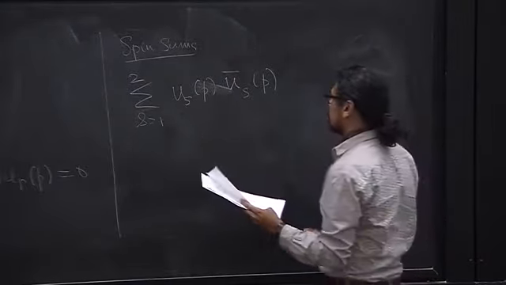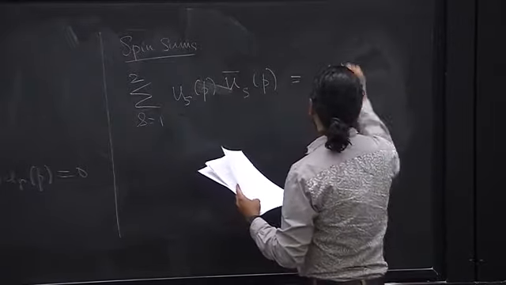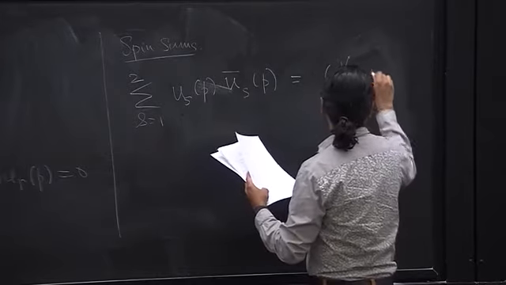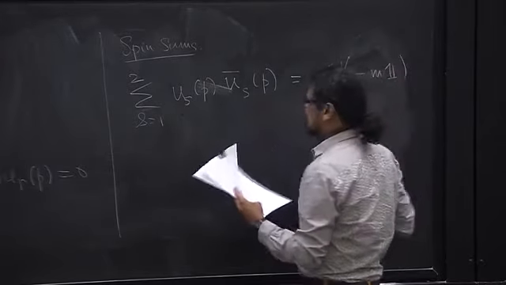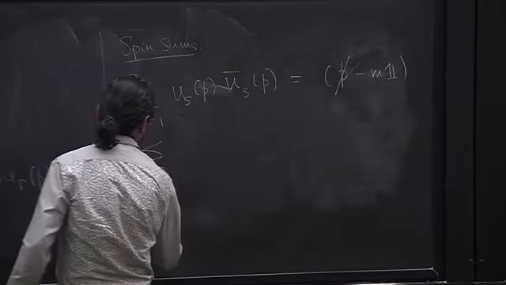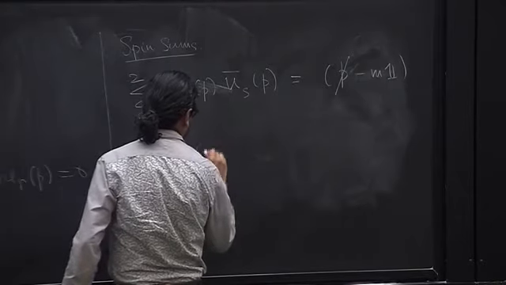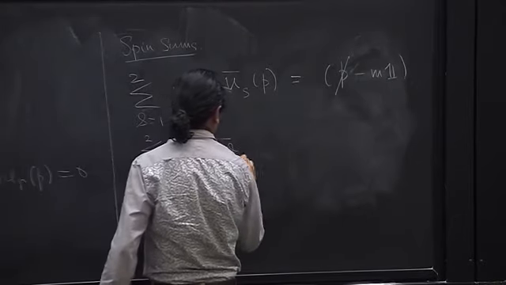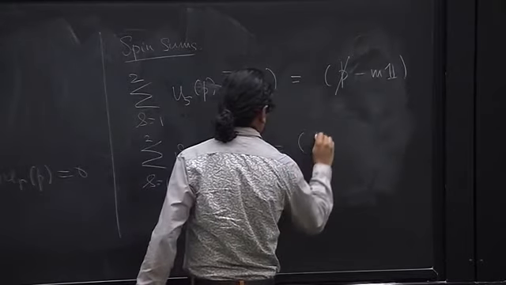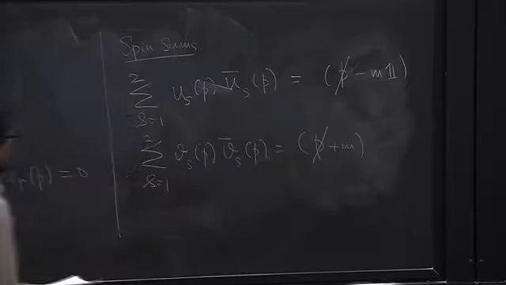And we are summing over, there is no sum over p. We are summing over the spins. Then we should get p slash minus m. I think there's a typo here in the lecture notes. I wrote a plus sign there, but it should be minus. And similarly, for the v's, we get a plus sign here. I think those signs got flipped in the notes.